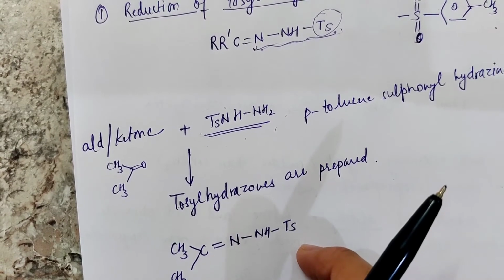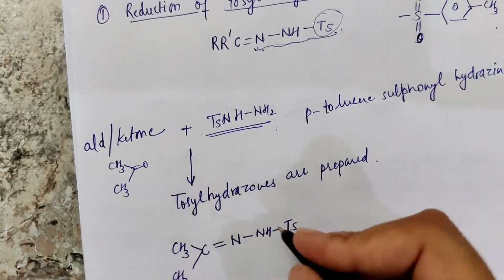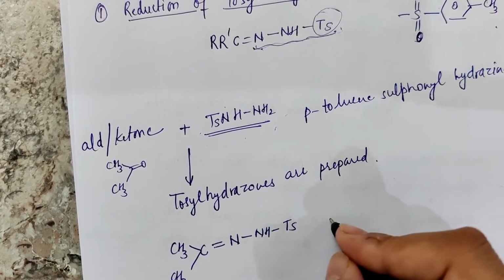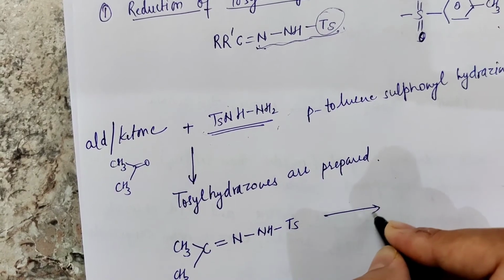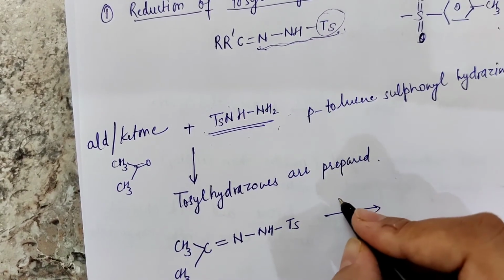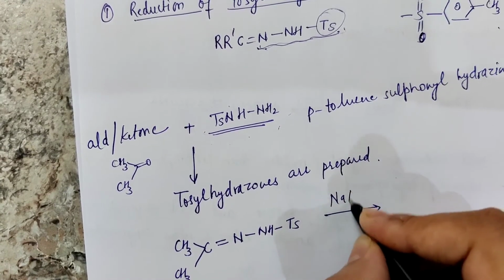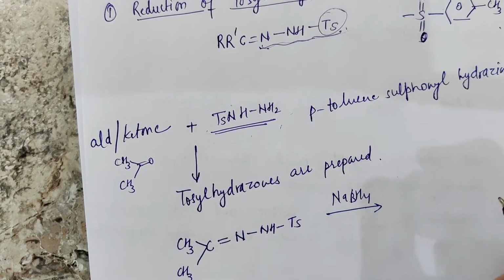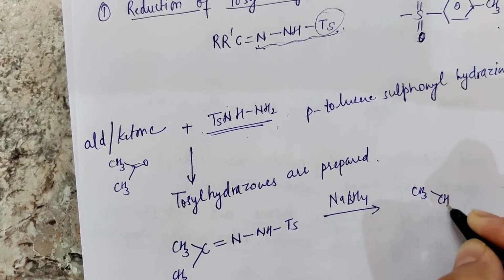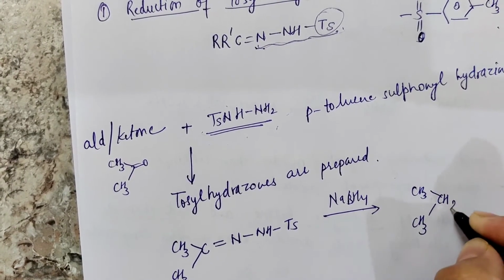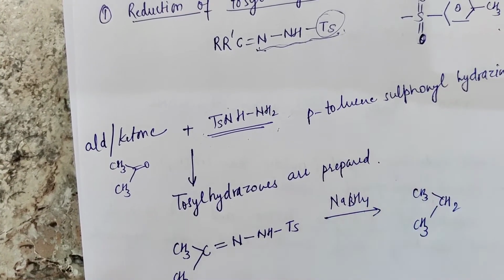This is a very simple reaction. Then this tosyl hydrazone is further treated with NaBH4 and alkene is obtained.